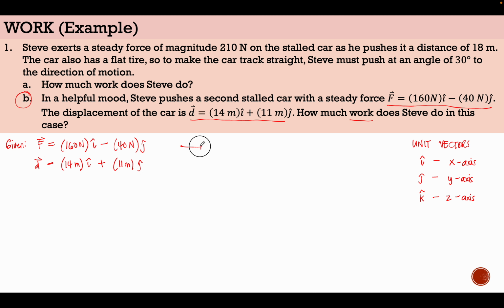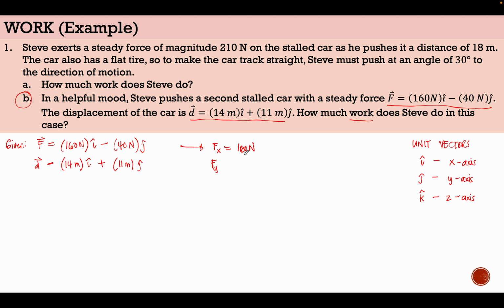Our F sub x is 160 newtons, because the i hat indicates that 160 newtons is located along the positive x-axis.